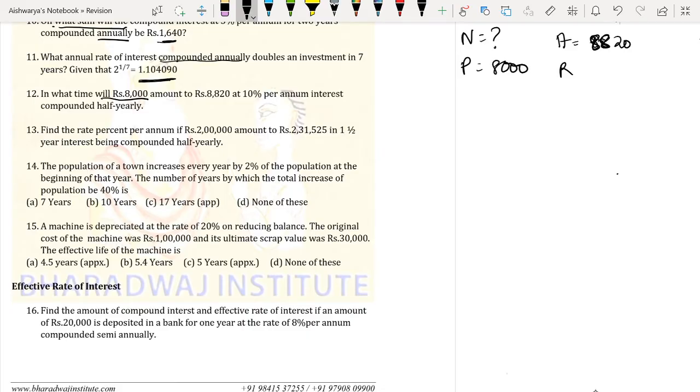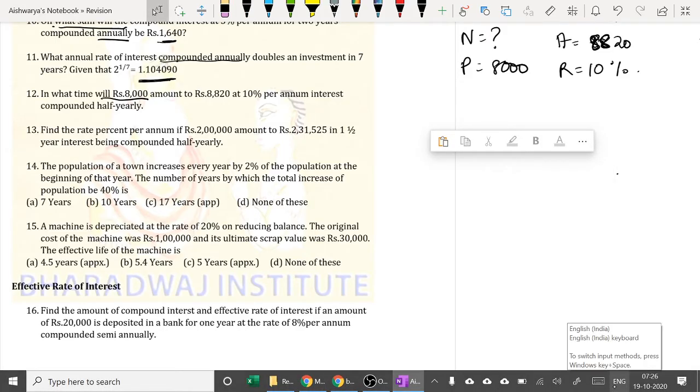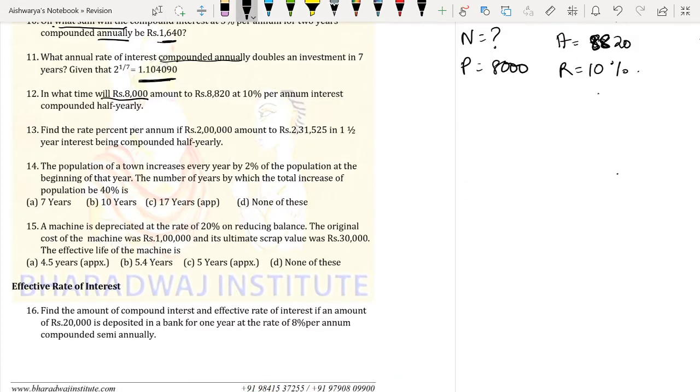Then your rate of interest is 10% per annum. Okay, compounded half yearly. Compounded half yearly means your n will become 2 times and r will become 0.05 when we are taking it. Okay, so A is equal to P into 1 plus r by 100 the whole power n, this formula. 8,820 we substitute here.